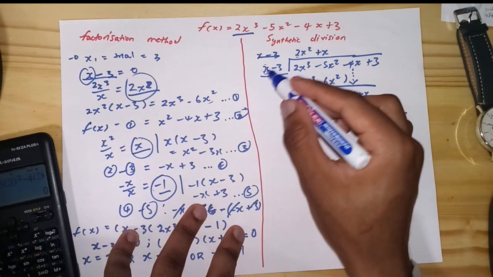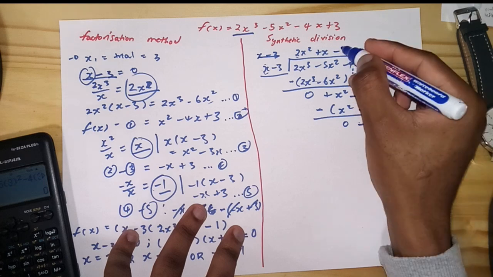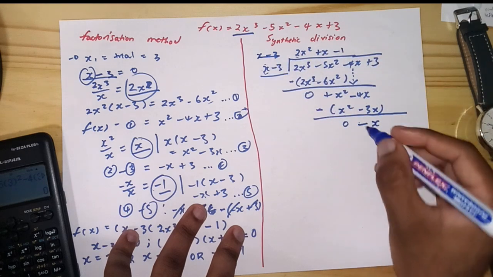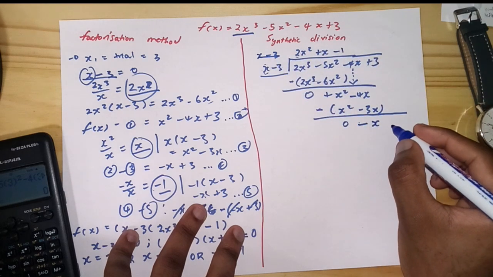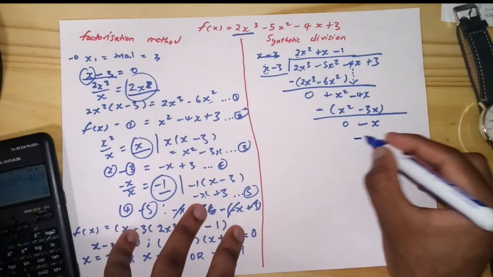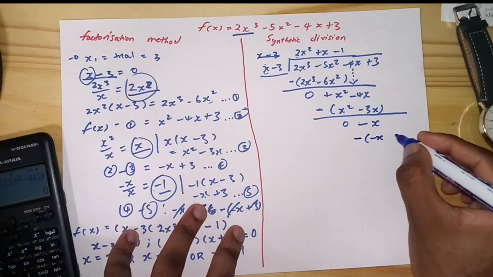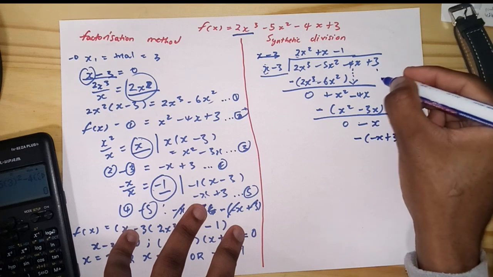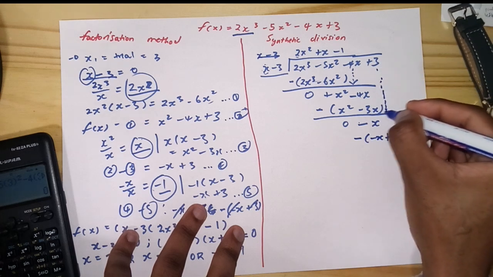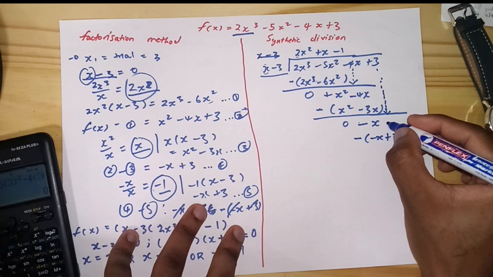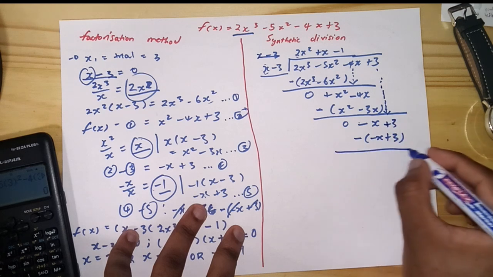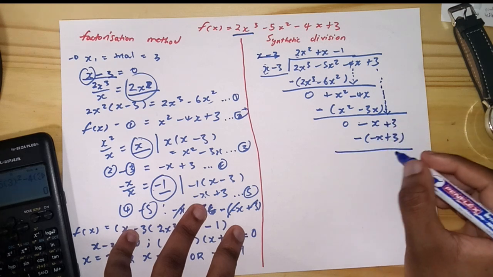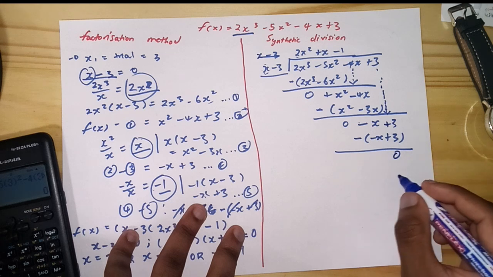Divide negative x by x gives you what? Negative 1. Multiply negative 1 with the rest of that expression, and it gives you negative x plus 3. Remember to take down the successive term, so you have a plus 3 over there. Once you subtract and work out the difference, your remainder is 0.